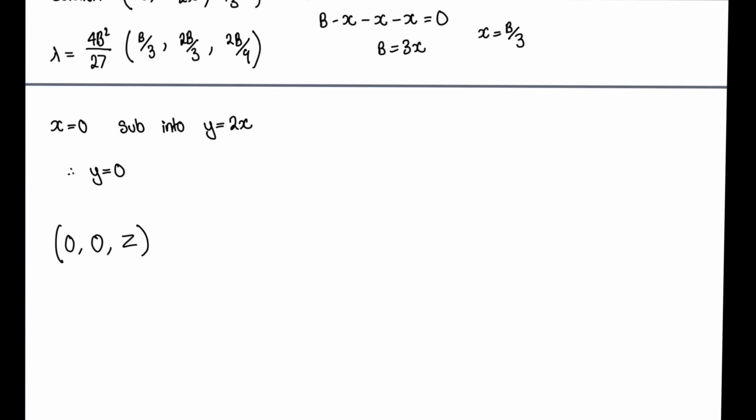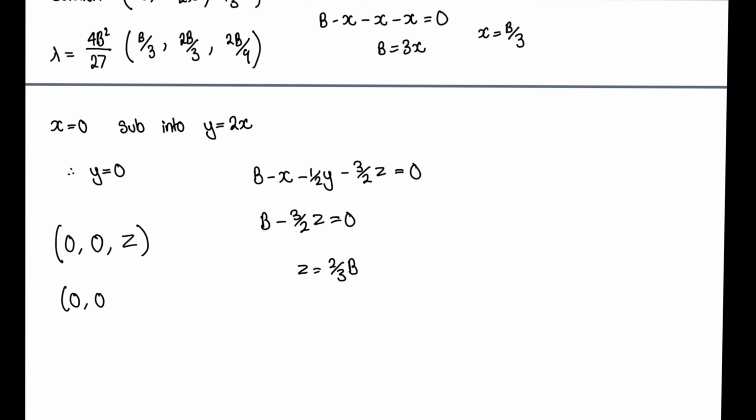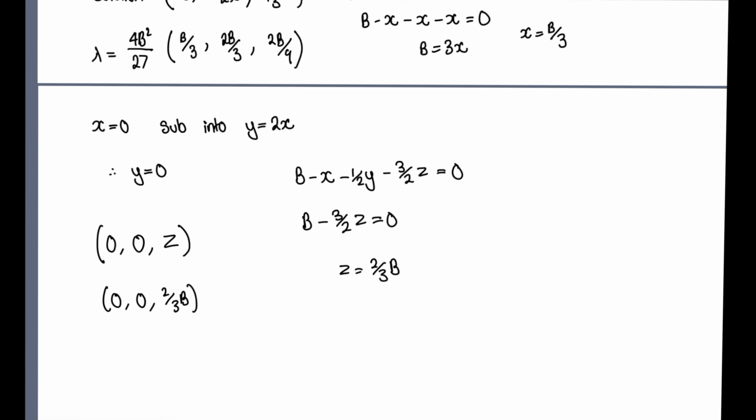If we sub this into our constraint, which was b - x - (1/2)y - (3/2)z = 0, we get b - (3/2)z = 0, therefore z = 2b/3. So our solution is 0, 0, 2b/3 as z. And if we were to work out lambda, lambda is just y times z, which is going to be 0.